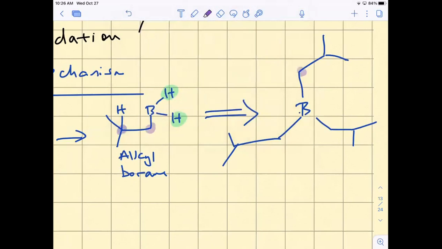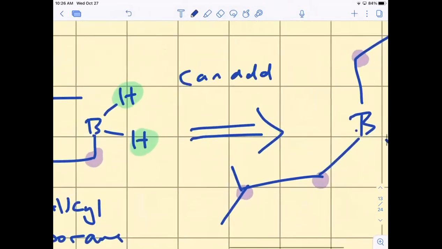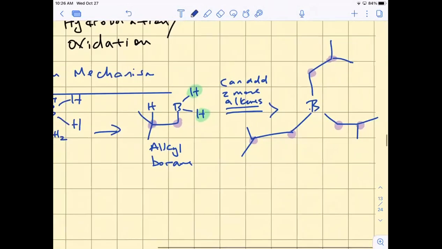And it's the same 2 carbons here, here, and here. So you can actually add 2 more alkenes to that. So they're alkyl boranes until you get here.